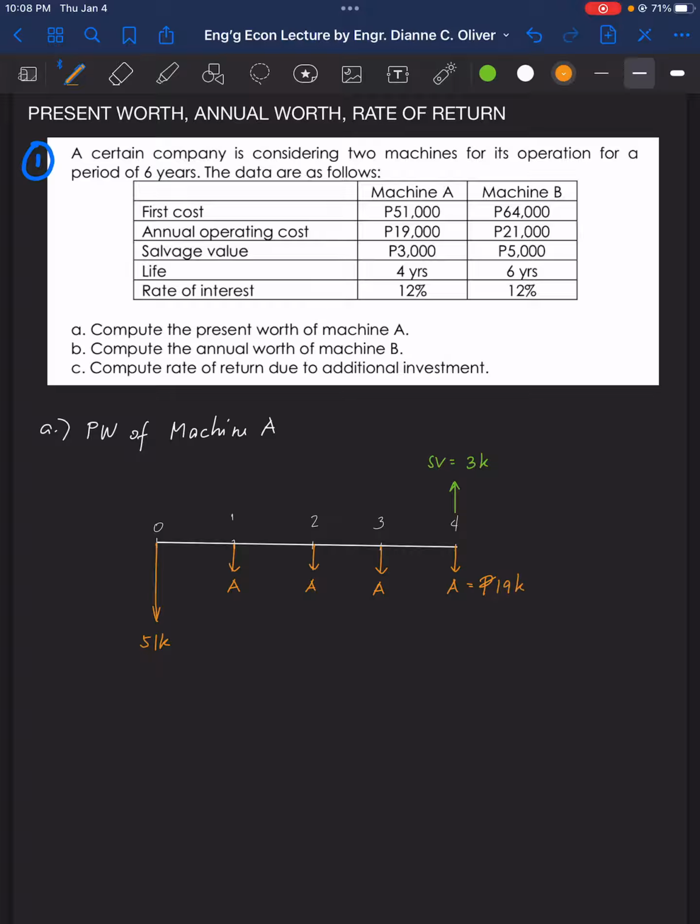Then it's asking for the present worth of machine A. Now for present worth of the salvage value, we have this as P1. For the present worth of the annuity, let's name that as P2.